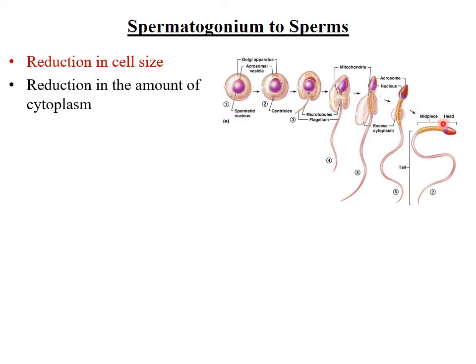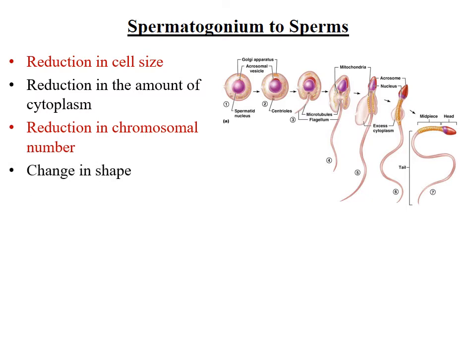In the mature sperm, the cytoplasm is very little. There is a reduction in the chromosomal number from a diploid number to a haploid number. There is also a definite change in shape, from a spherical shape to an elongated structure with a head, body, and a tail.